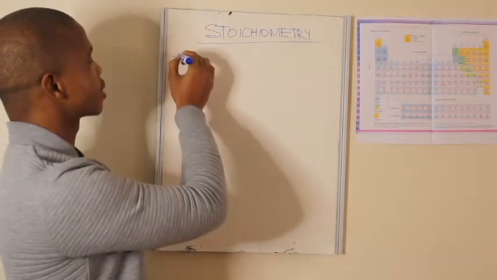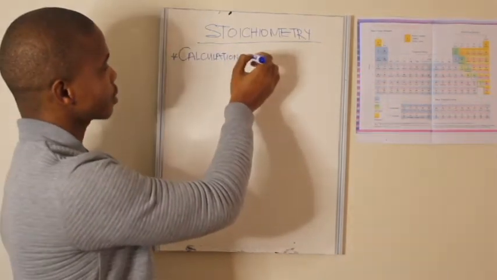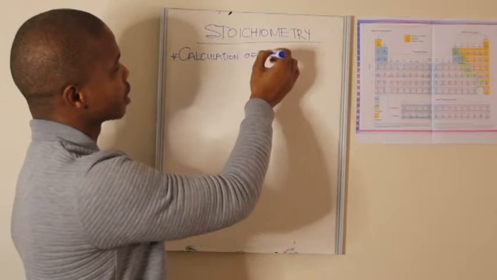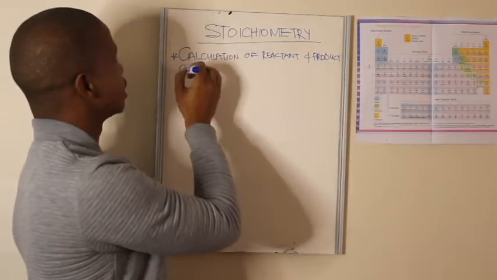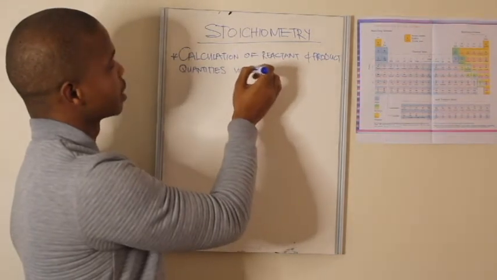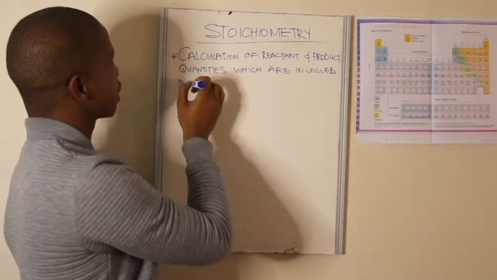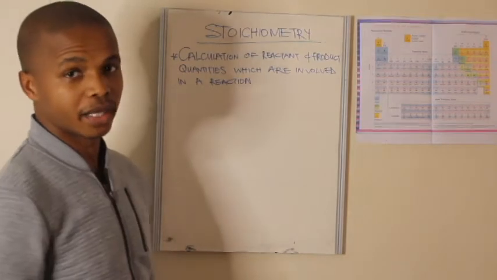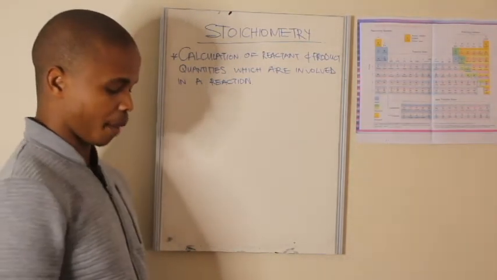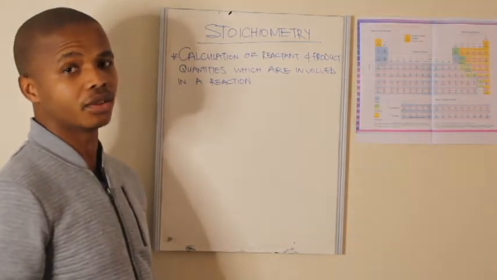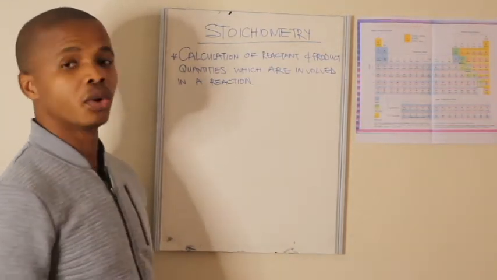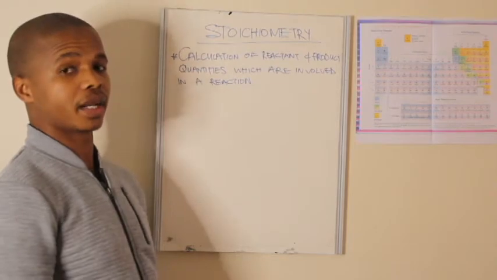Stoichiometry is actually a calculation of reactant and product quantities which are involved in a reaction. That is stoichiometry, basically. So, for us to understand this, let's talk about something that we already know and base it on what we are trying to understand right now.